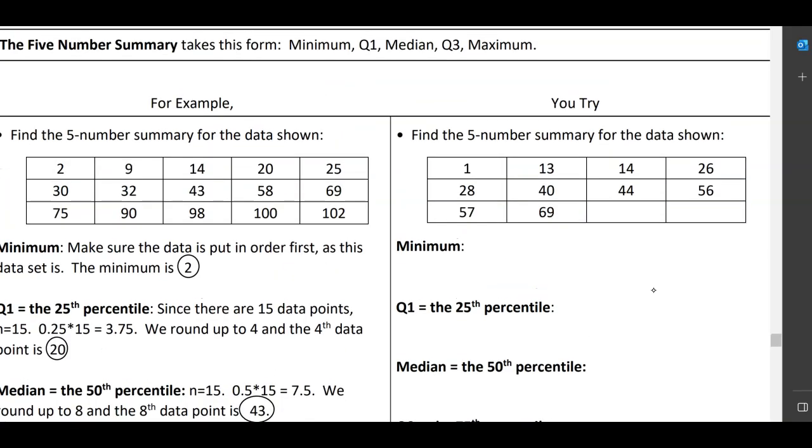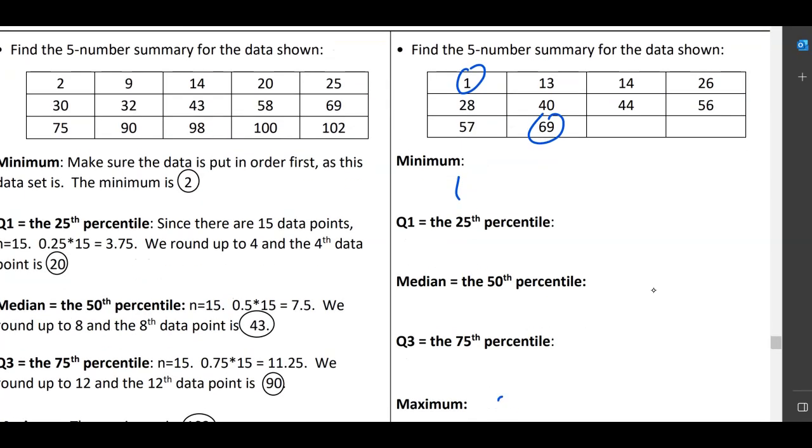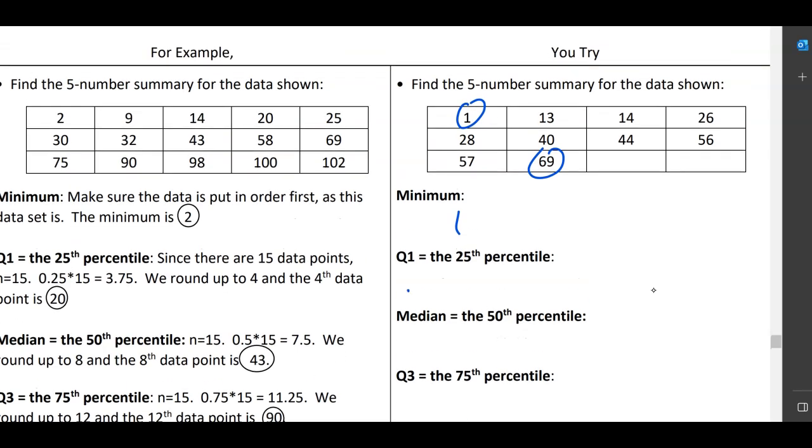So the easiest one, minimum, maximum. The quartiles, how many? 1, 2, 3, 4, 5, 6, 7, 8, 9, 10. There's 10 of them. This would be 2.5, so go to the third. 14. 50th percentile, that would be 5, and so the mean of the 5th and the 6th.